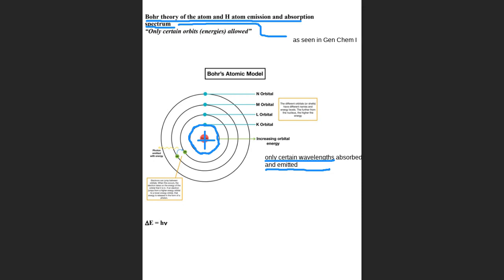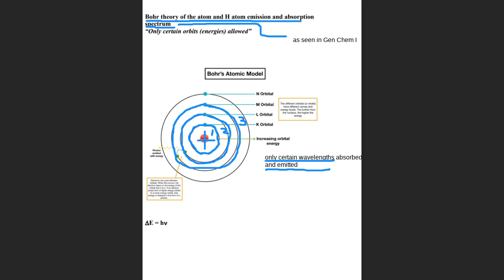So the lowest energy is K in this hypothesis, and then you have another one at L, and then you have another one at M, and you may be more familiar with the idea of numbering these. The first, lowest one would be 1, and then you have 2, and then you have 3, and so on.